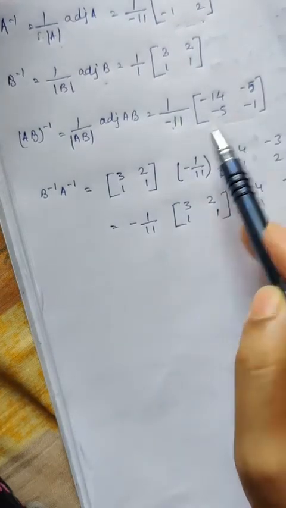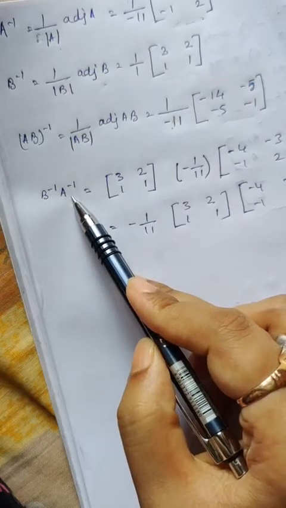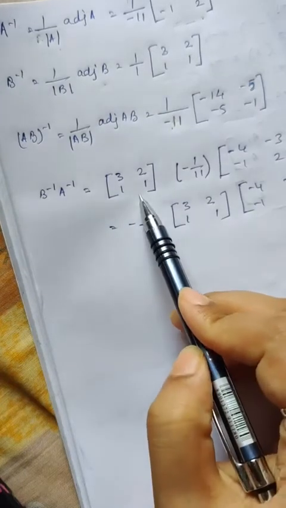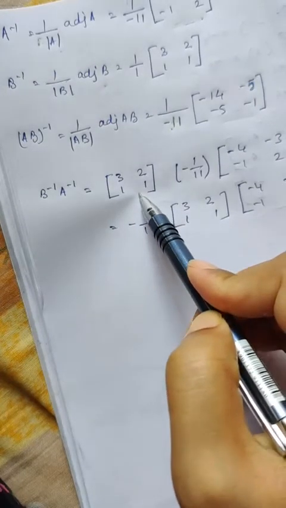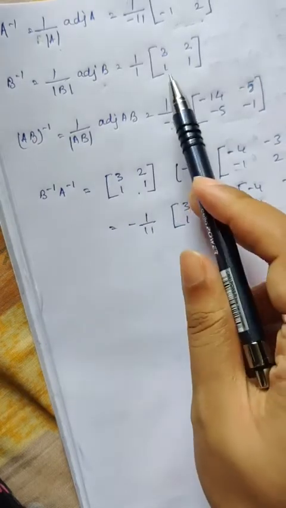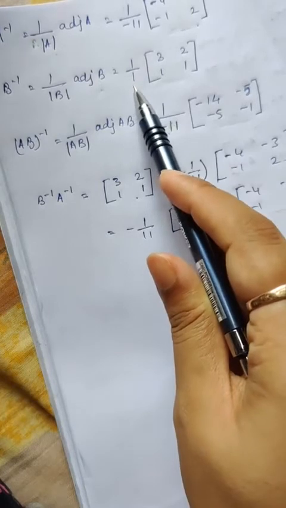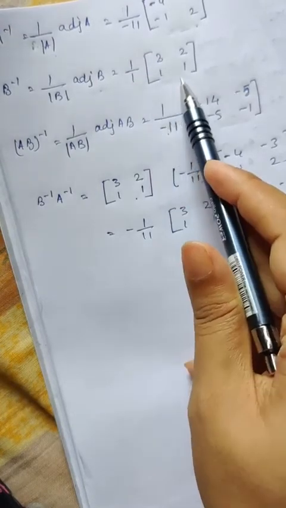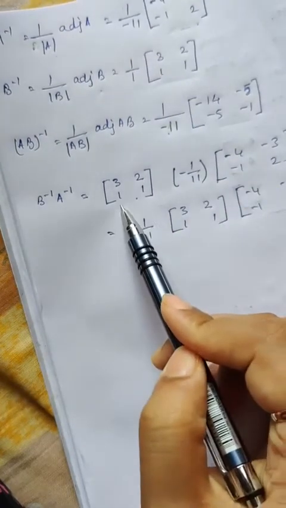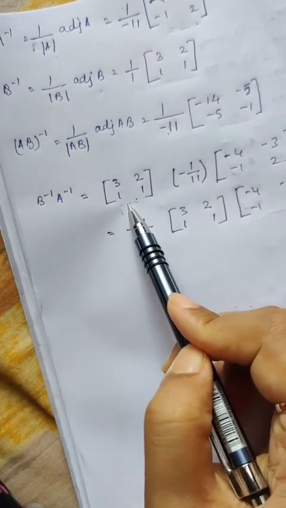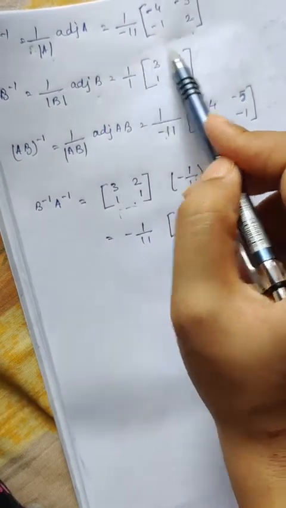Now we will find B inverse into A inverse. So here we have written the matrix that is B inverse. From here we will get B inverse. If we multiply this matrix by 1 by 1, that is 1, we will get the same matrix. So here we have written B inverse. For A inverse, we have written this one.